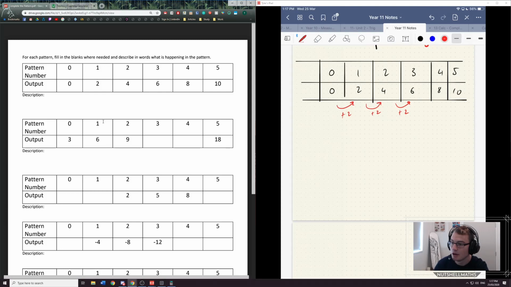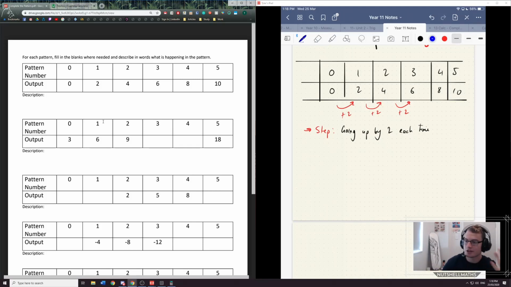So the +2 is what we're going to call our step. So let's describe the step: going up by 2 each time, or each step.